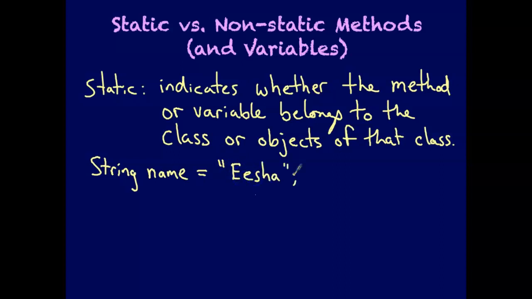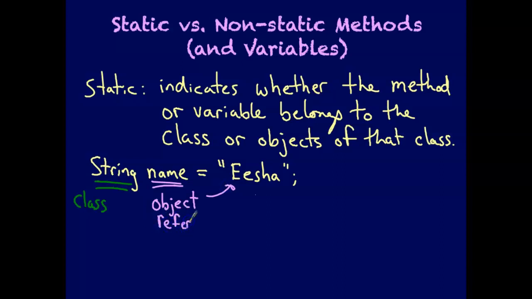So now I have this variable name. Well, we've got this String class, and name is the actual object. Let's make that specific: String is the class, and name is the reference to the actual object, Isha.